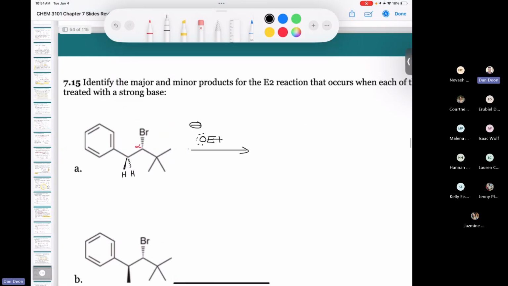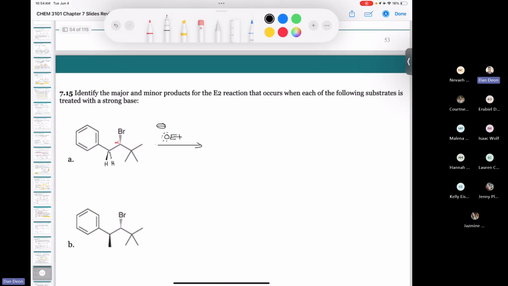So that means this reaction is going to be stereoselective. So that means I'm going to get a major and minor product. My base is going to pull off, and I could draw it to either one of the protons. It doesn't matter. I'm going to form the double bond and lose my leaving group. So I'm going to get 2 different alkenes.